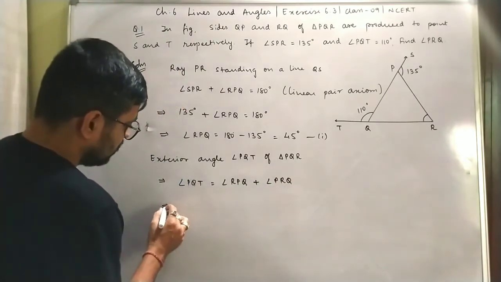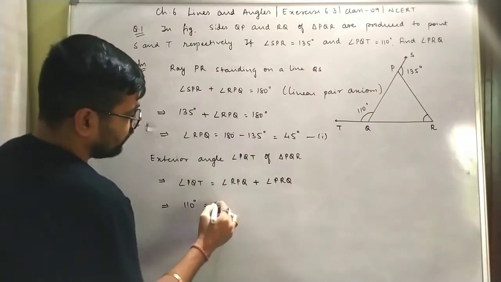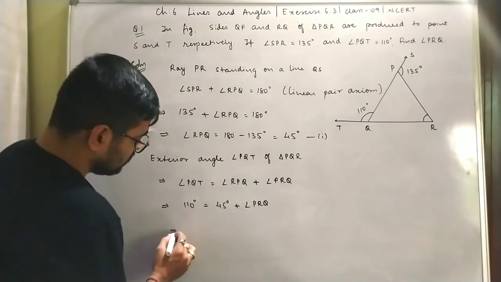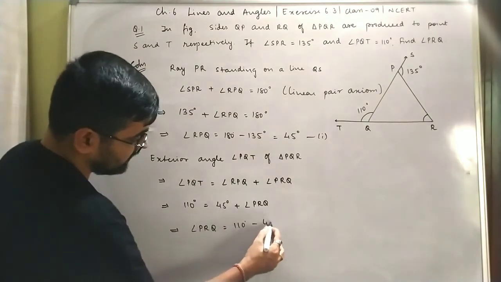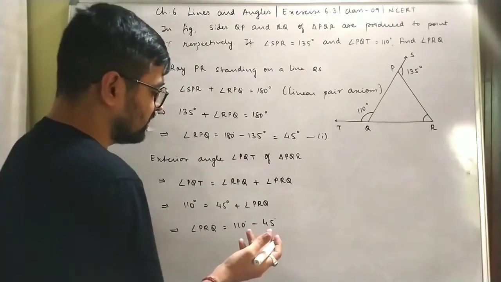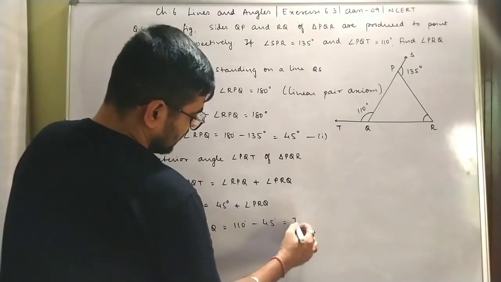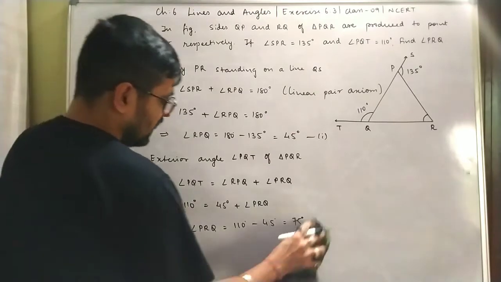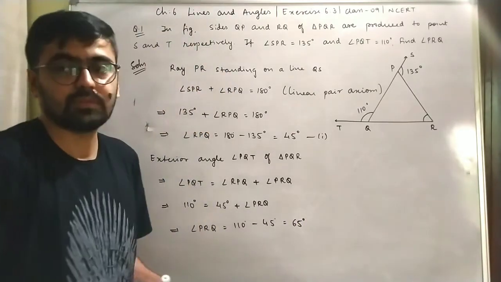So PQT I know is 110, RPQ again I know is 45 degrees, plus angle PRQ. So that is what I am looking to find, angle PRQ. How much? 110 minus 45. So if 45 goes from 110, how much remains? 75, maybe that's wrong, please check. 75 plus 5 is 80, it is definitely wrong. It is 65 degrees. Simple.